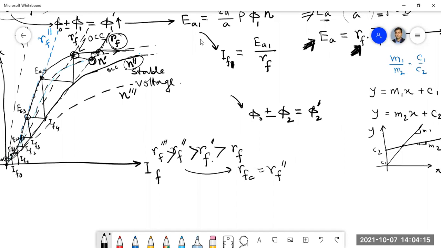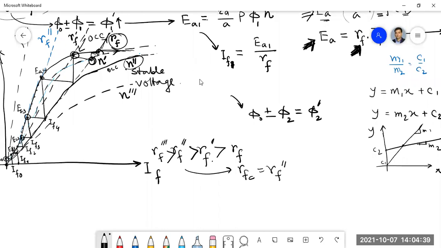So the speed of the prime mover must be greater than the critical speed, and the field resistance must be less than the critical resistance value. Correct. So these two are the conditions.